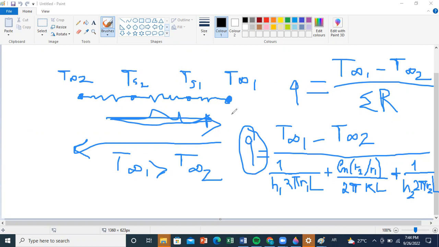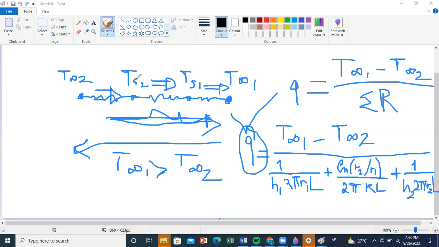You know why? Because once you have Q, you can divide it. You can say Q is the flux between T infinity 2 and TS2, and is the convective flux. And at the same time, it's the conductive flux between TS2 and TS1. And also it's the convective flux between TS1 and T infinity 1.